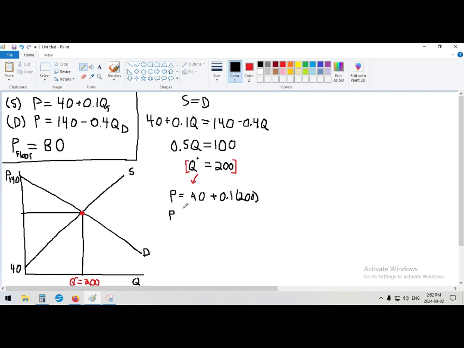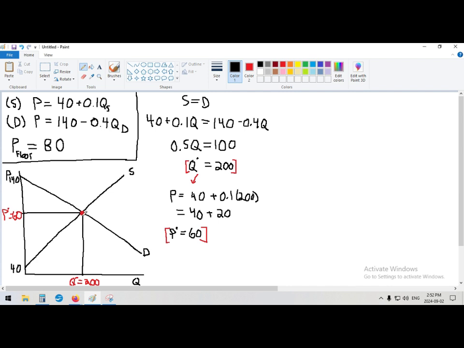So we have 40 plus 10% of 200, which is 20. So the market equilibrium price is $60 to start. Here we have P star is 60.